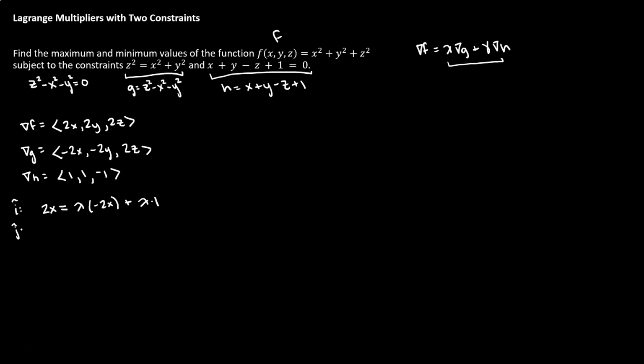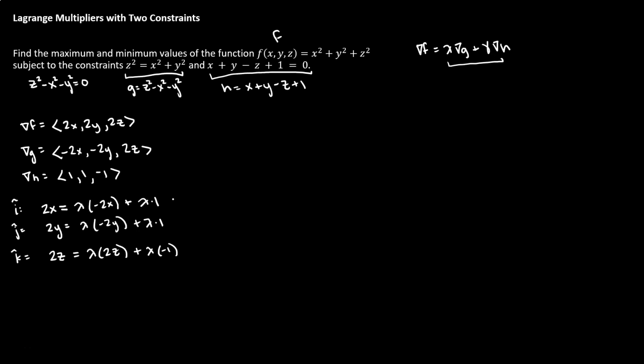Then the j hat component from gradient f is 2y, equal to lambda times negative 2y plus gamma times 1. And then the k hat component from gradient f is 2z, equal to lambda times 2z plus gamma times negative 1.